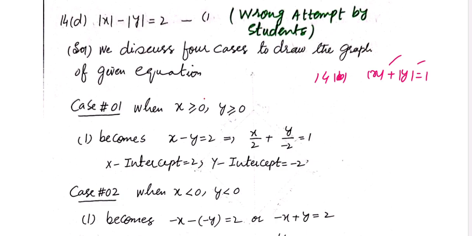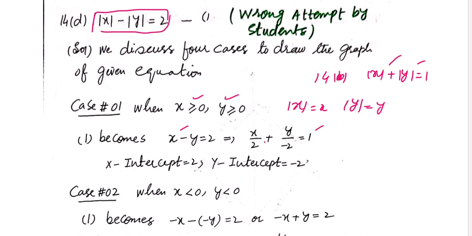Case number one, when your x is greater than or equal to 0, y is greater than or equal to 0. Because both x and y are greater than or equal to 0, your x absolute is equal to x and your y absolute is equal to y. So this equation x absolute minus y absolute equal to 2 for this case becomes x minus y is equal to 2, and this can be written as x over 2 plus y over minus 2 is equal to 1.